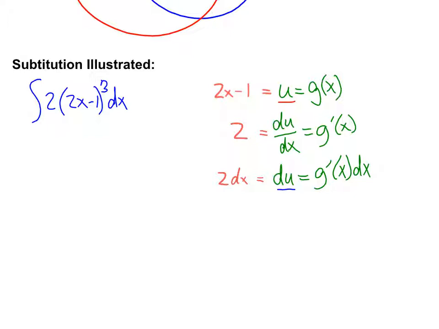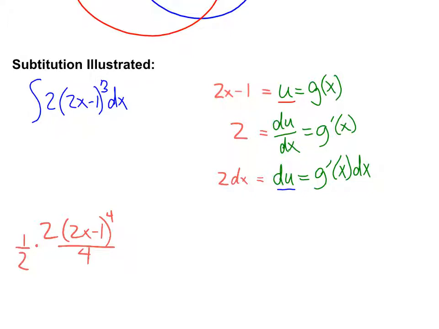One fourth, something to the 4th over 4. But what were we told to do with this? Because we had a linear function inside, we multiply by the 1 over a, the 1/2 in this case, okay?